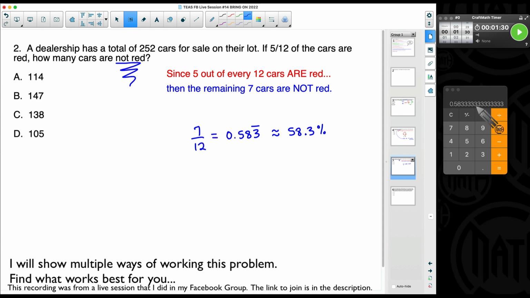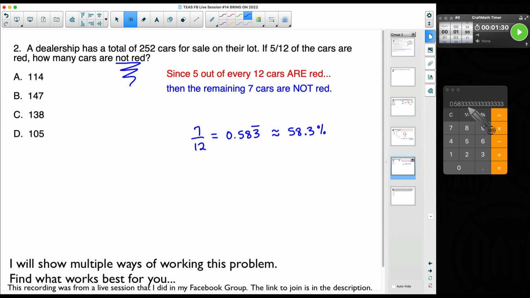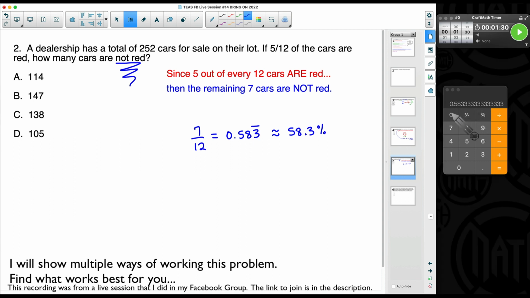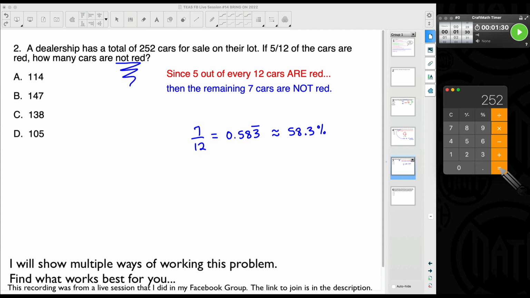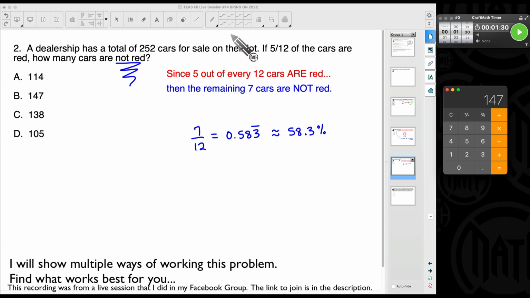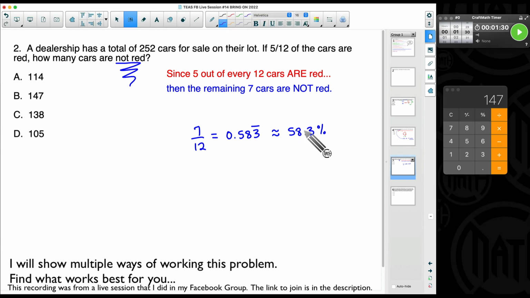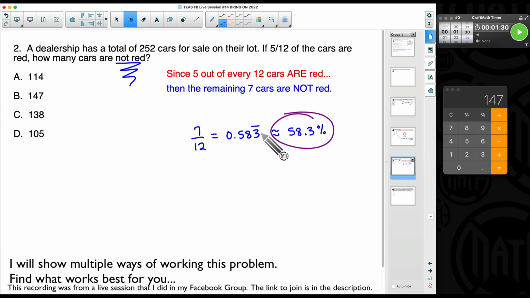Here's our decimal, which technically represents 58.3%. We can multiply this by the whole or the total number of cars. So if I multiply by 252, bingo. That's how you can get to that answer super fast. So again, what did I do there? I figured out the percentage of cars that were not red.